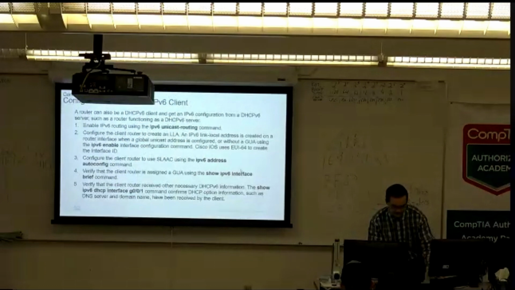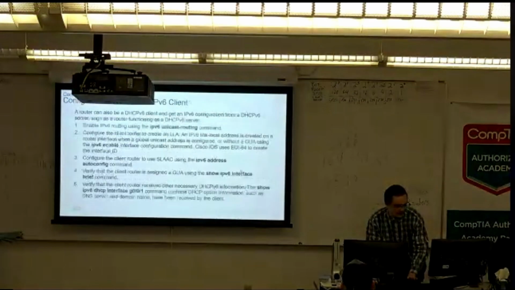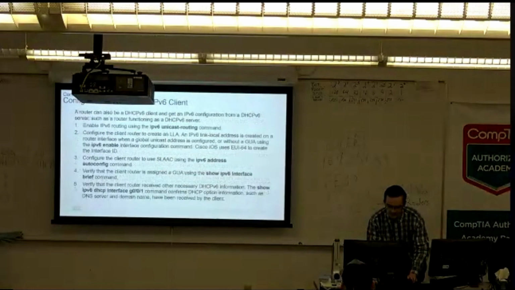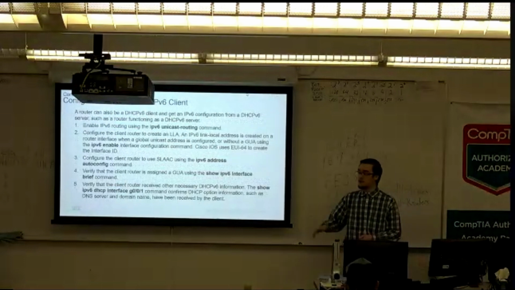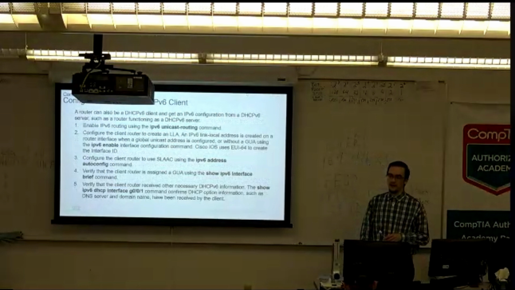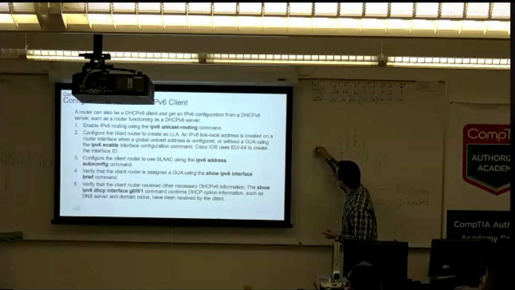Yes, in this context, let's see if I can get a topology. Okay, I don't have a topology to look at here. So you have a router looking towards another router or server for IP addressing, which is totally possible, oftentimes in a SOHO environment. You have your router connected to the internet through a modem or whatever to the ISP.